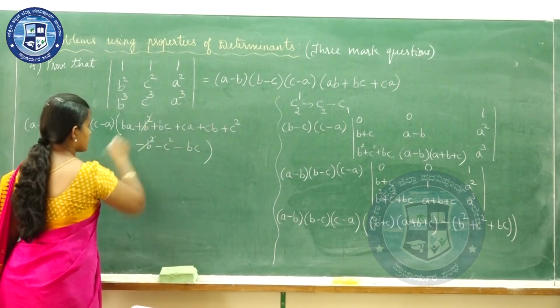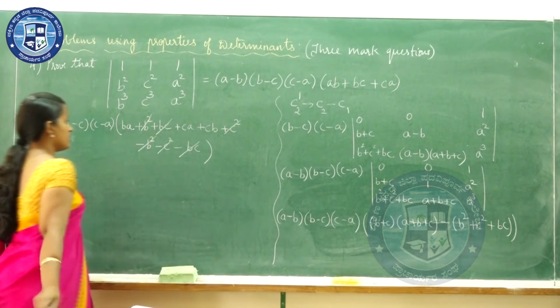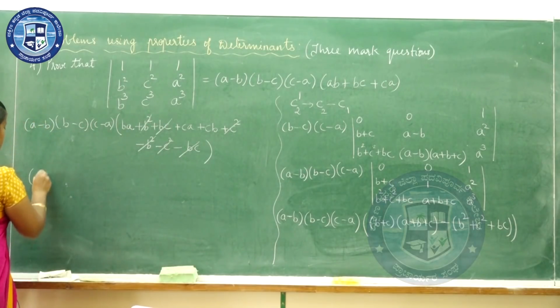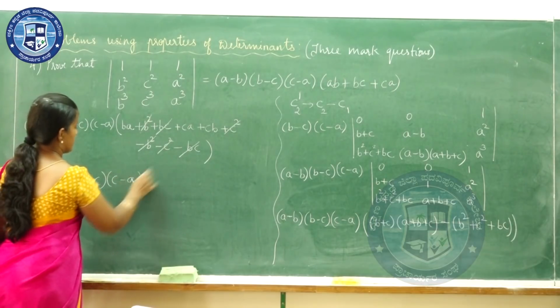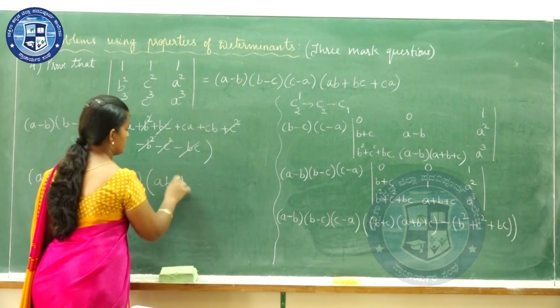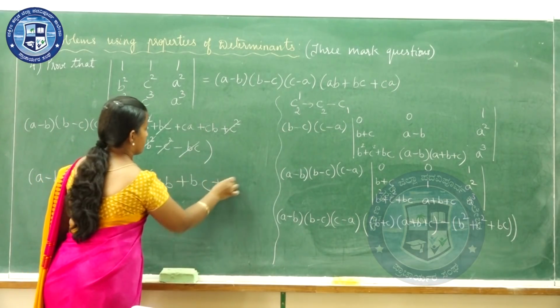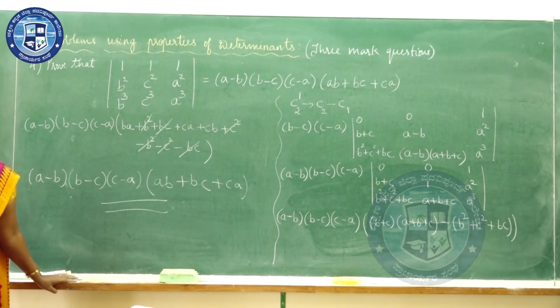So b square cancels, c square cancels, bc cancels. So what is remaining? a minus b, b minus c, c minus a into ab plus bc plus ca. So this is the required RHS.